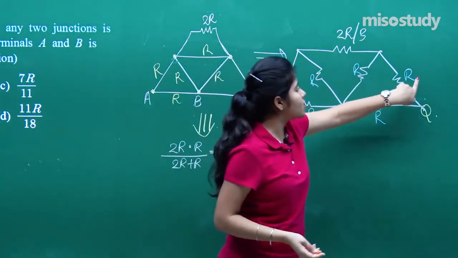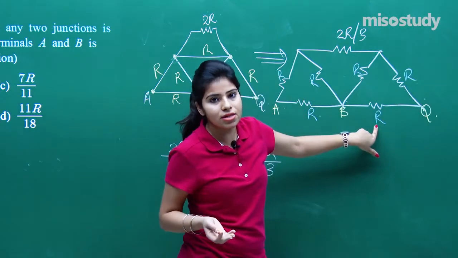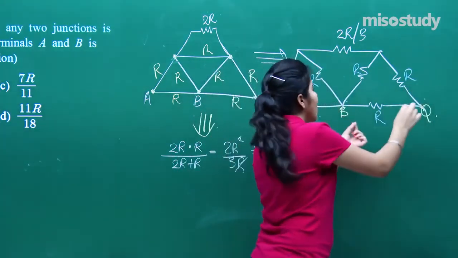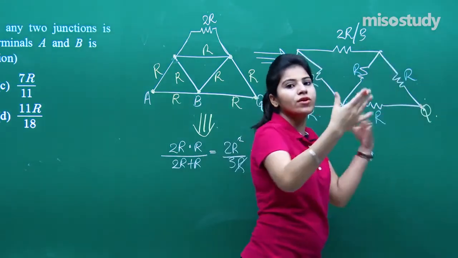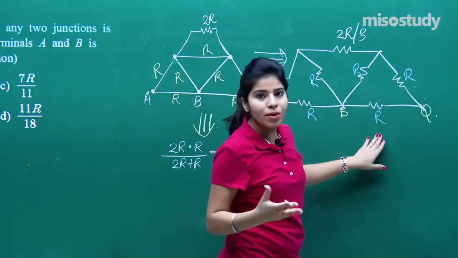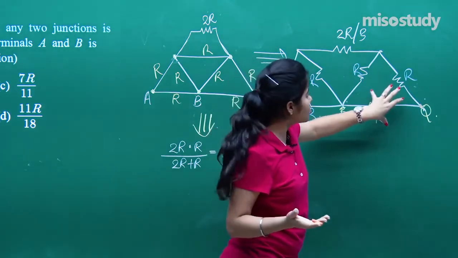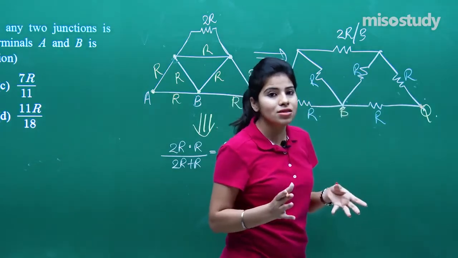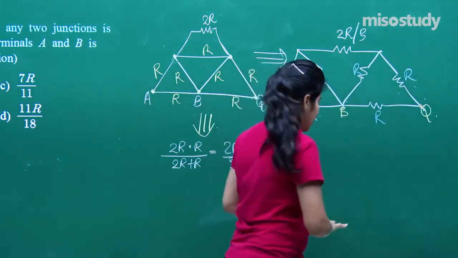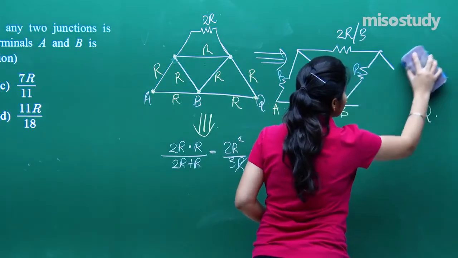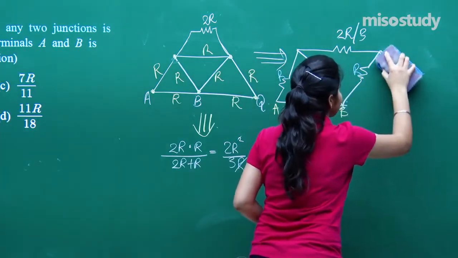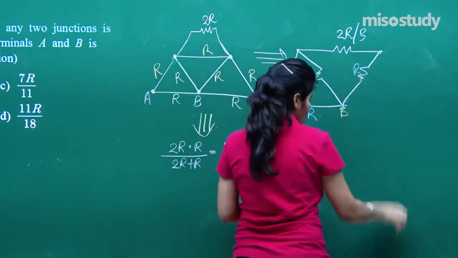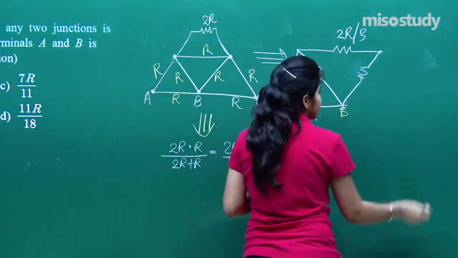Again, this R and R are connected in series, because their one arm is at one point and the other arm is joined at a different point. So R plus R equals 2R. Now this 2R is connected in parallel with this R, so the total resistance again becomes 2R by 3. We can now rub this out and write 2R by 3 in place of R, and similarly this will also be 2R by 3.